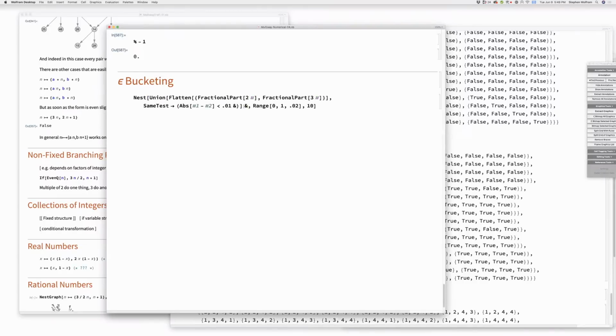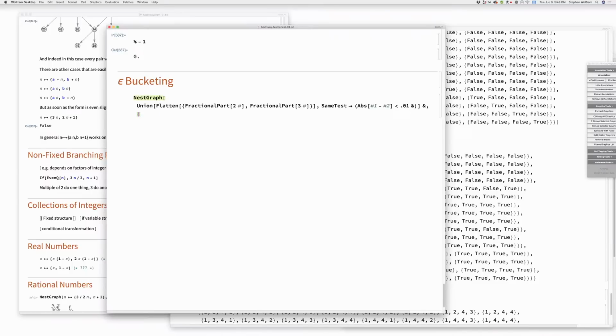Comments? Jonathan, do you think that's right? Sorry, I was doing something else. So I'm trying to actualize the same test. Okay, that same test looks okay. As a matter of fact, we could even do a nest graph with this, right? Because this nest graph should actually work.